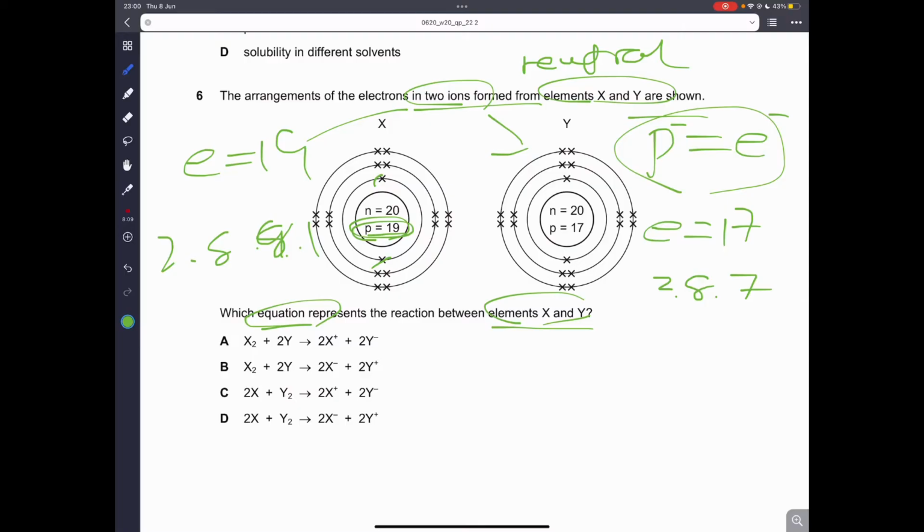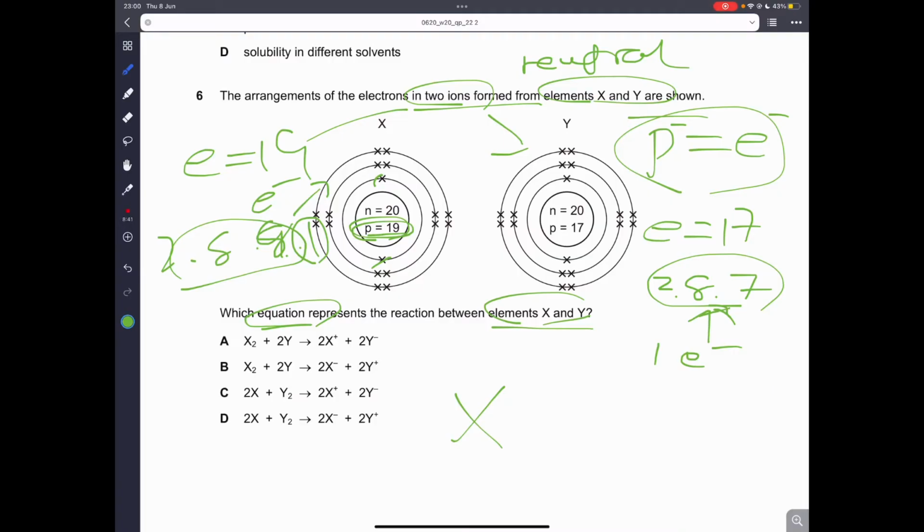So we need one more electron in the outer shell to make it complete, and we have to get one electron out of the shell so that it can become 2.8.8, and so this one also could become 2.8.8. And so we have to write each other's charge. X basically gives out one electron, so Y basically also gains one electron.